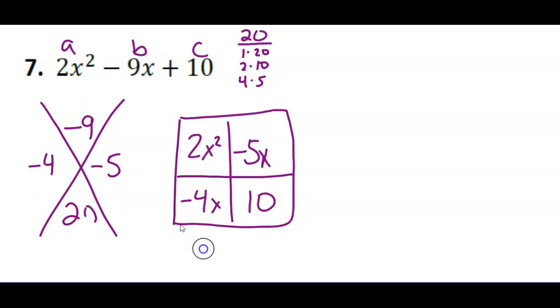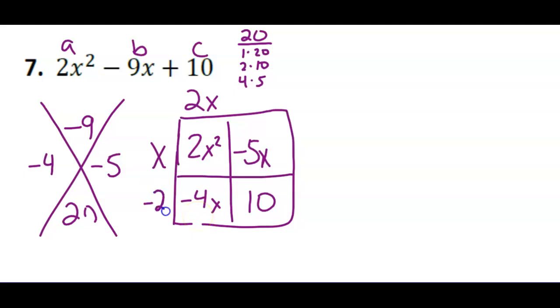Okay, so now I can take my common factors out. Going up, well, I definitely have a 2x. Now, it might be a negative, but we're not sure. Going sideways, I definitely only have an x there. 2x times what gives me -4x?